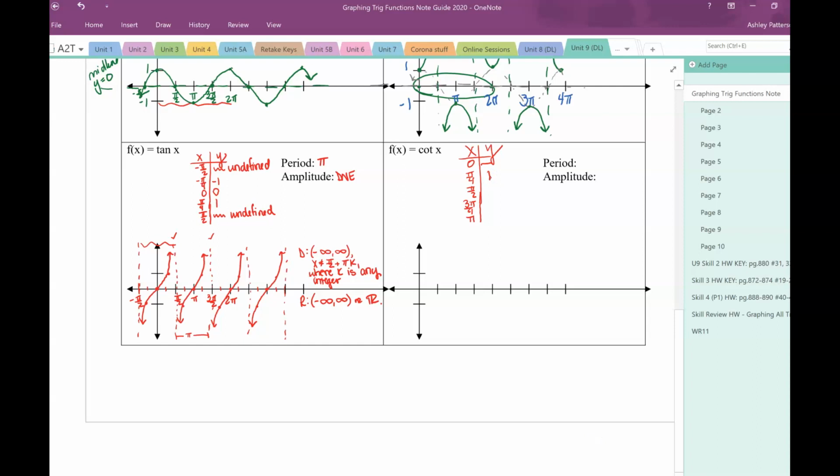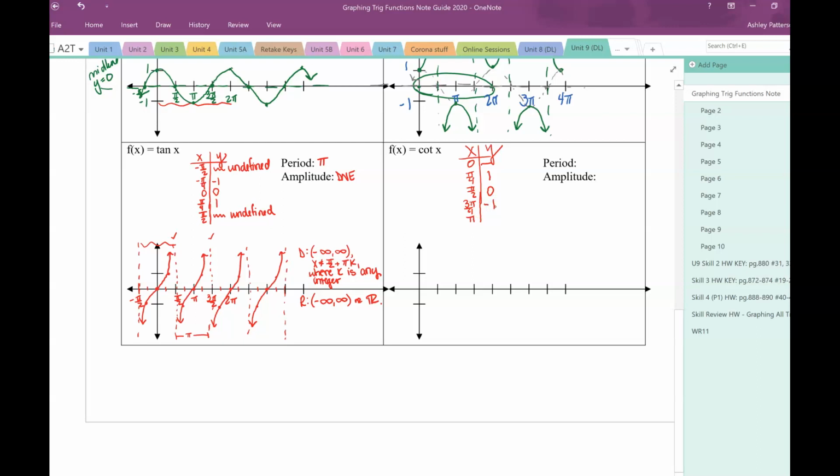Tangent of pi over 2 is undefined, because at pi over 2, sine over cosine is 1 over 0. Cotangent is cosine over sine, so it would be 0 over 1. Tangent of 3 pi over 4 is negative 1, and it's still the reciprocal.